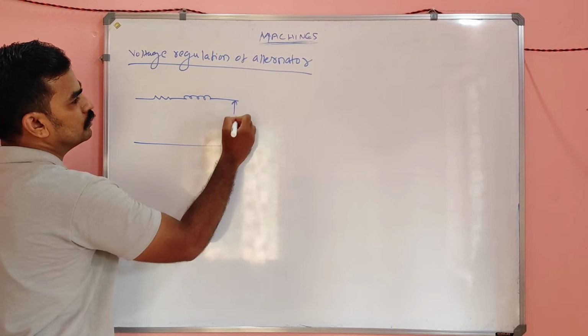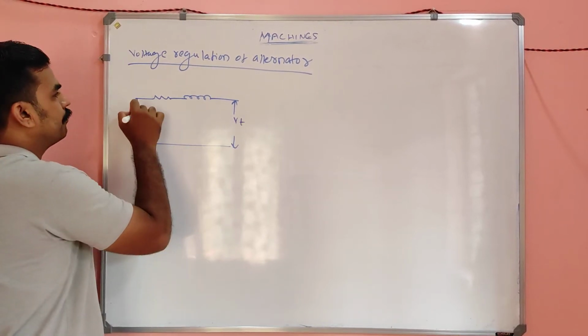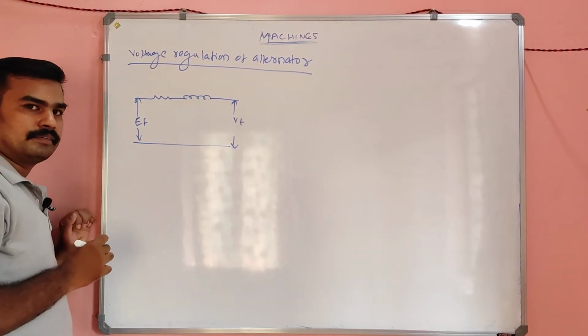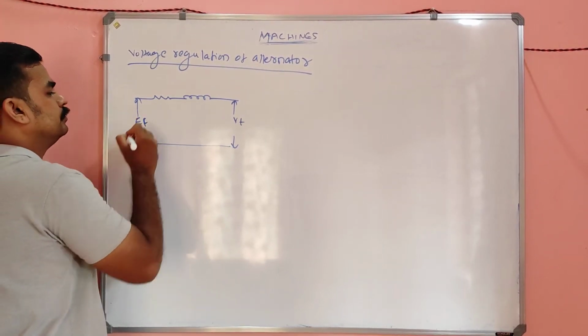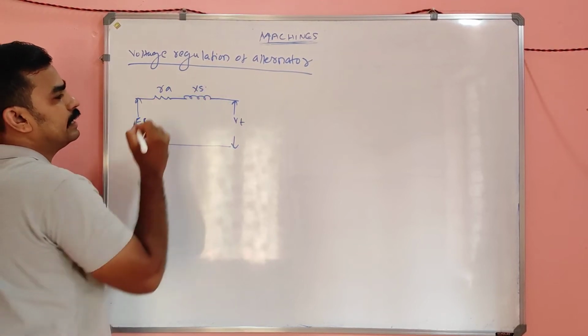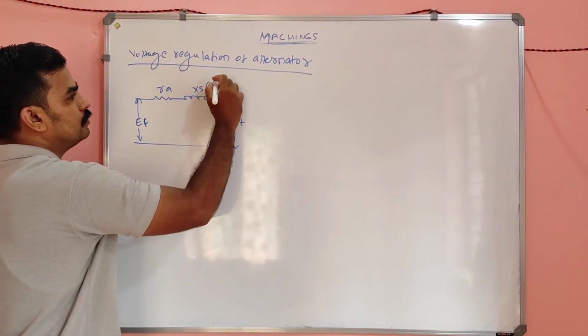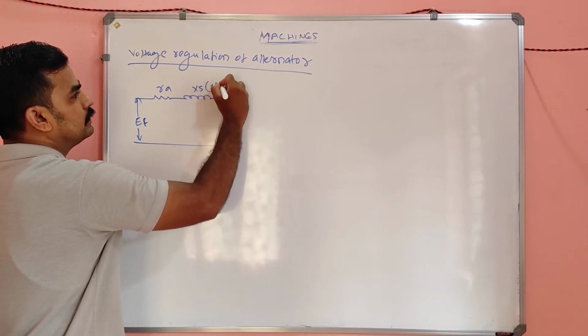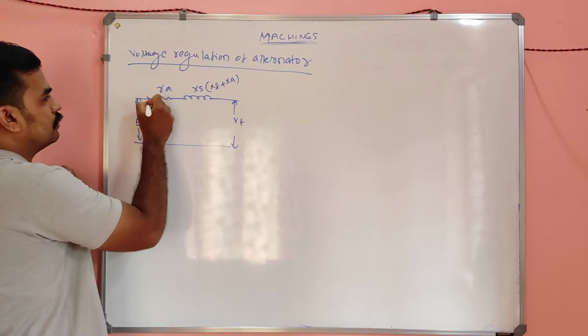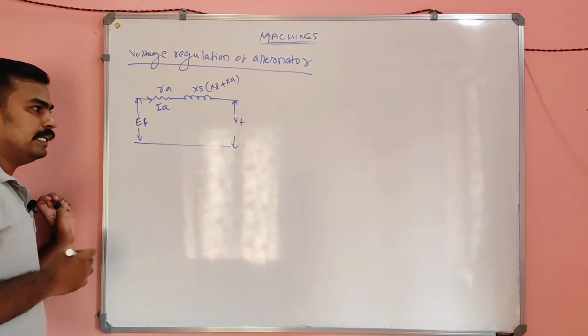This will be EF, that is the induced EMF in the stator or the armature. This is Ra, this is XS. This XS will be equal to XL plus XA. And there will be a current flow, which is nothing but the armature current IA.